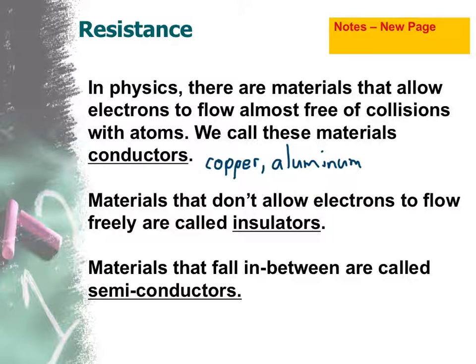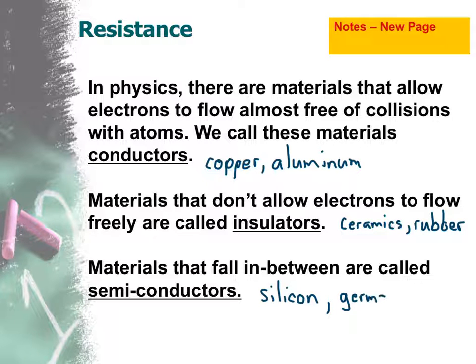Those are called insulators. Some ceramics are good insulators. Rubber is usually a good insulating material. And then there are materials that are kind of in between, and we call those semiconductors. Silicon makes a good semiconductor, and so does another element called germanium. Those are examples of semiconducting materials.